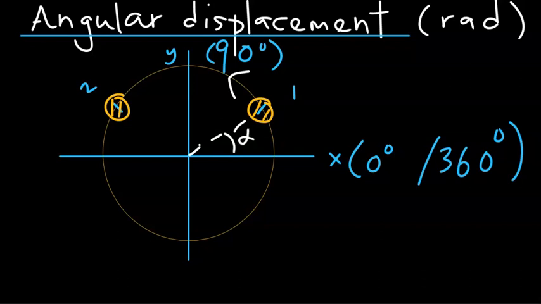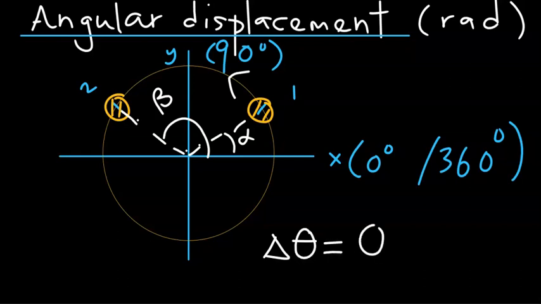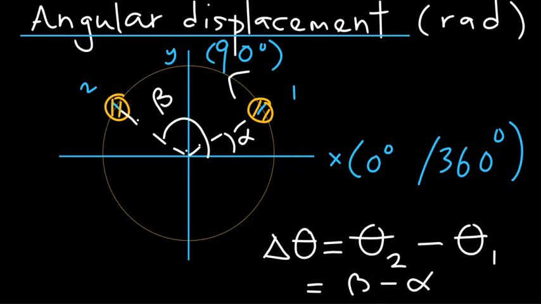The angular position of this object at point 2 is, let's say, beta. So what is the angular displacement of this object as it moves from point 1 to point 2? Angular displacement, in this case, is the angular position of the final point minus the angular position of the initial point. So in this case, it is beta minus alpha, also in units of radians.